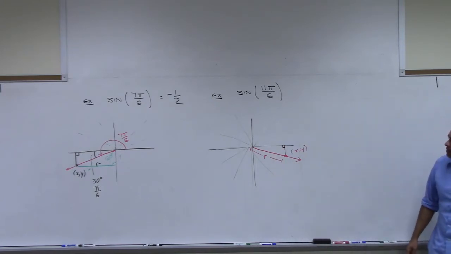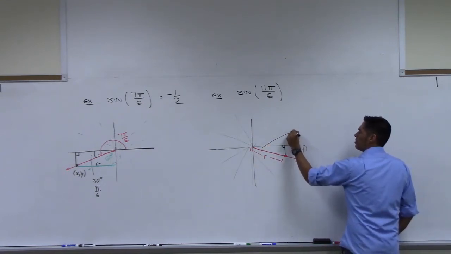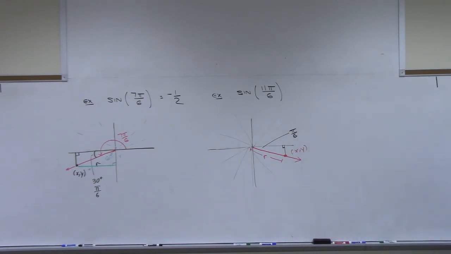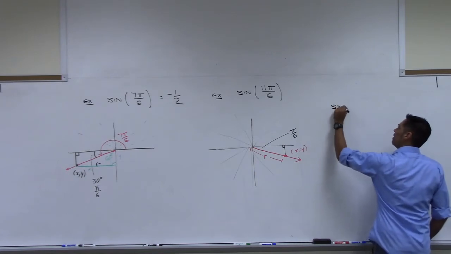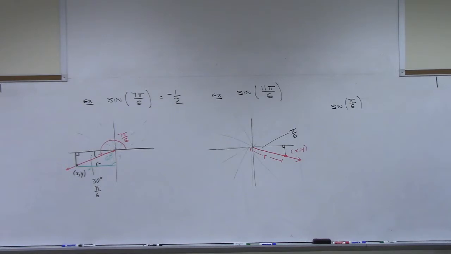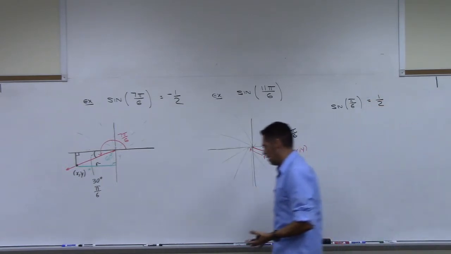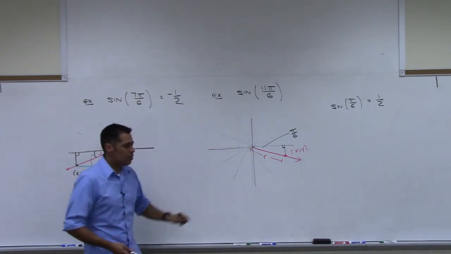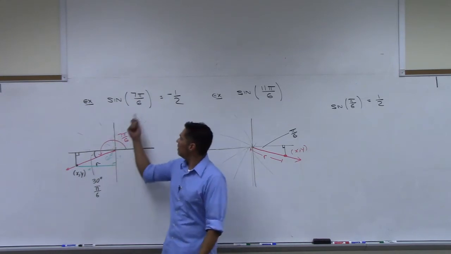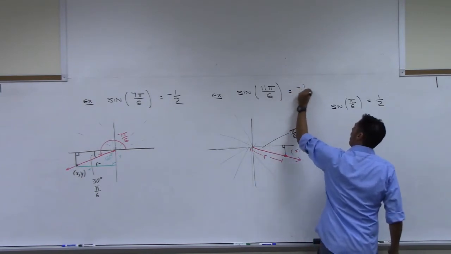And if I do that, what is the angle right here? 30 degrees again, so I'm going to use pi over 6. So this answer should be very similar to sine of pi over 6, which we just did, didn't we? And we got 1/2. Now, is it going to be 1/2 or negative 1/2? Negative, because your y-coordinate in the fourth quadrant is negative. So it's going to be the same exact answer as this one, negative 1/2.